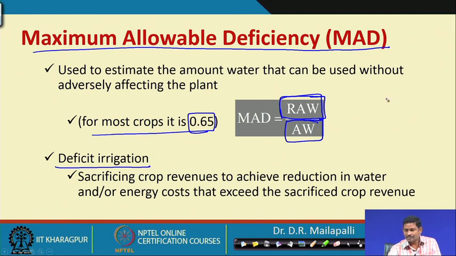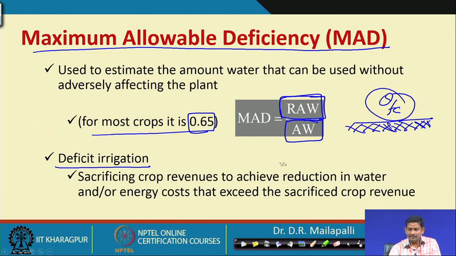Our aim is to fill the soil moisture to the field capacity. If every time you maintain the field capacity, absolutely no problem, you can achieve the maximum yield, but you have to irrigate frequently to maintain this kind of situation.